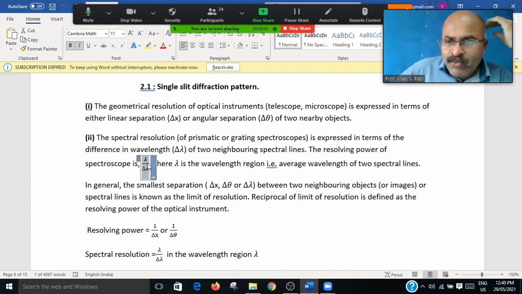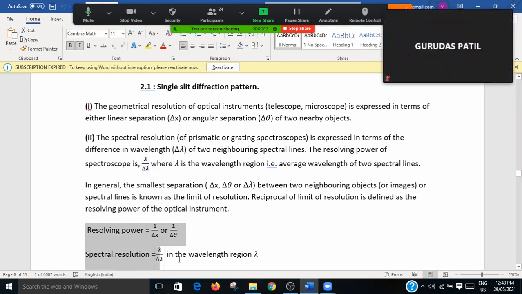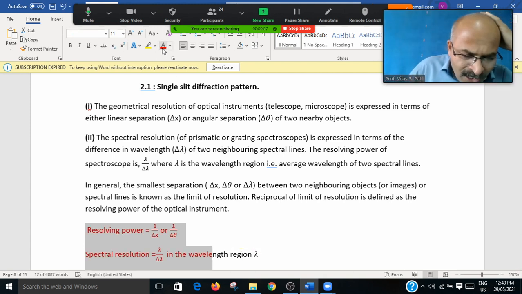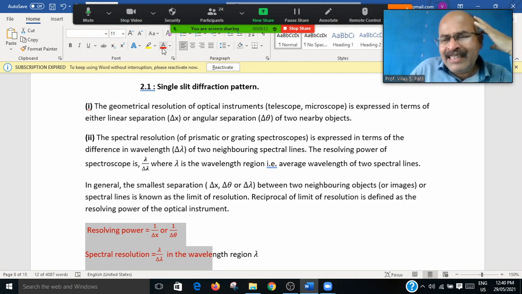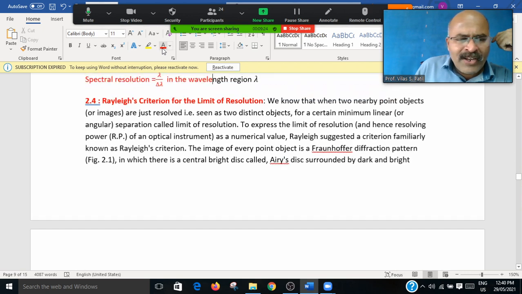That is, the resolving power is 1 upon delta x or 1 upon delta theta, and the spectral resolving power is lambda divided by delta lambda. These are the important formulas to calculate the resolving power, or the spectral resolution in wavelength.